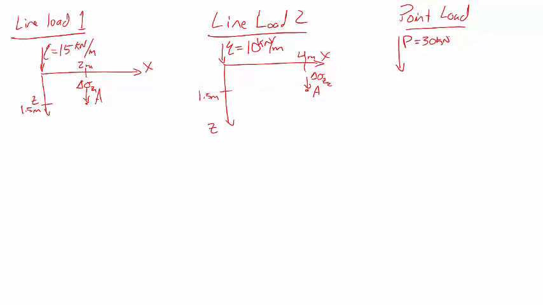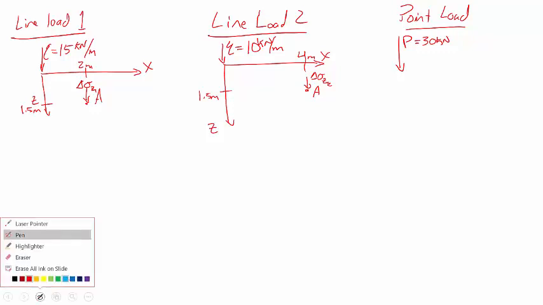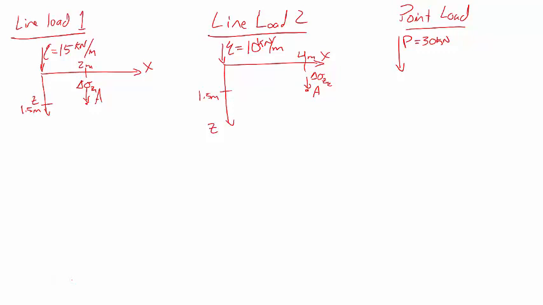And if we were to look at this from a Cartesian coordinate perspective, we would have x in this direction here, y in this direction here, and of course we continue with z downward here.